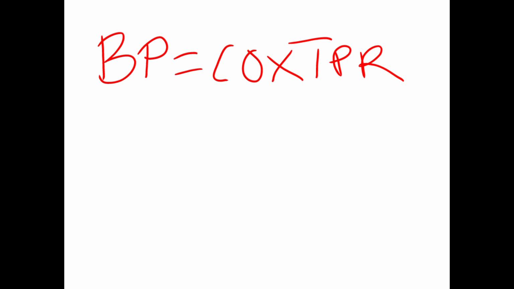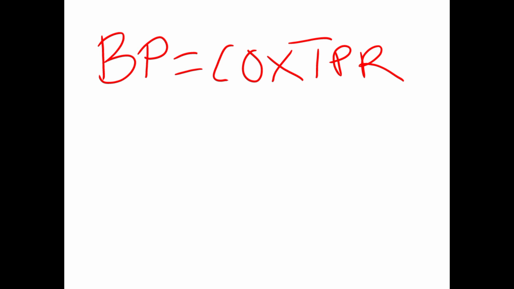What does this say? The relationship between blood pressure and cardiac output is directly proportional, and also that of the total peripheral resistance, mathematically speaking.